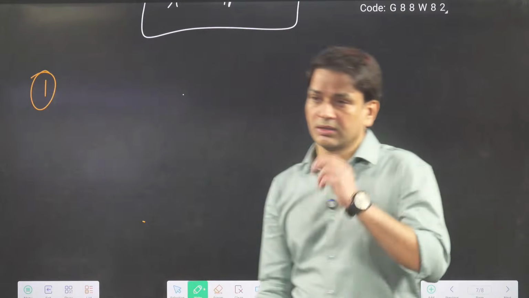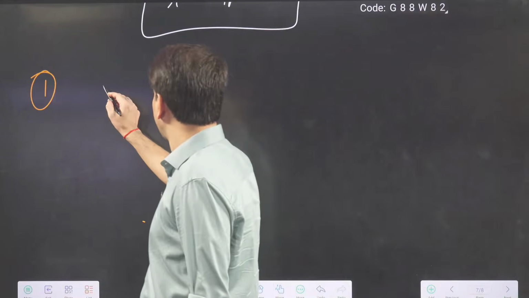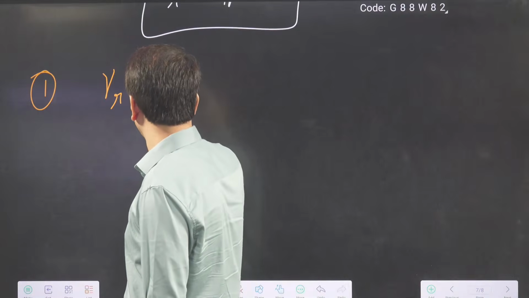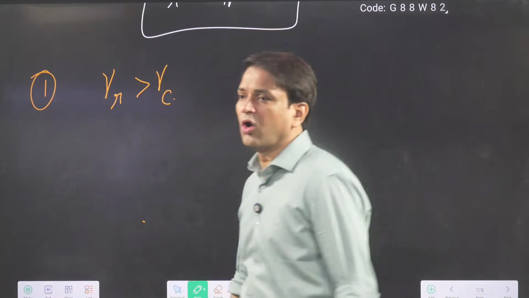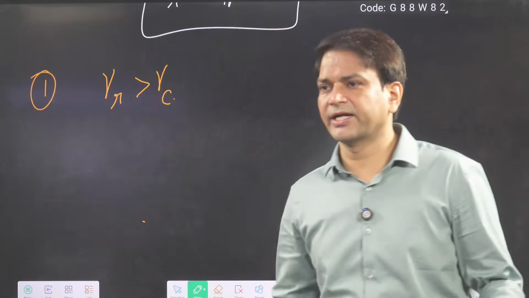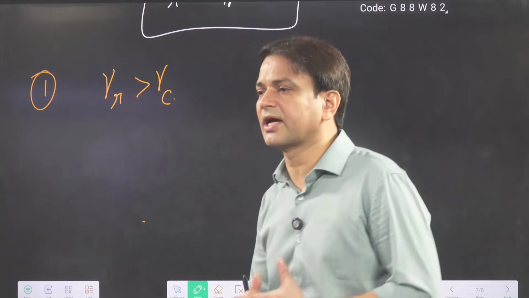Now suppose I am saying that for the liquid, gamma real is greater than gamma container. Which container I am taking and which liquid I am taking, suppose the gamma real is greater than gamma container.